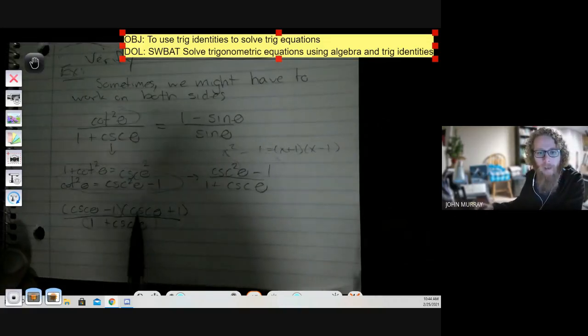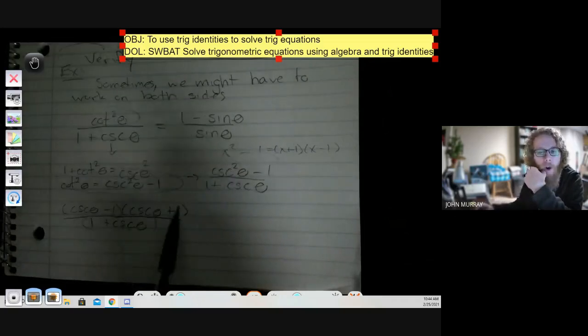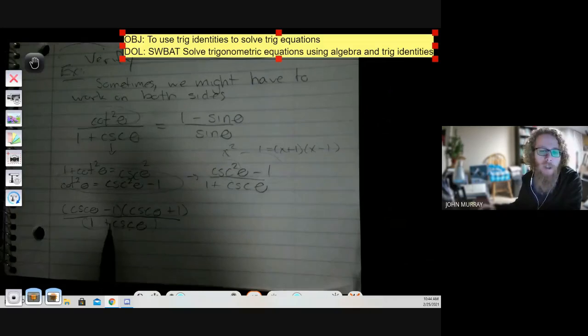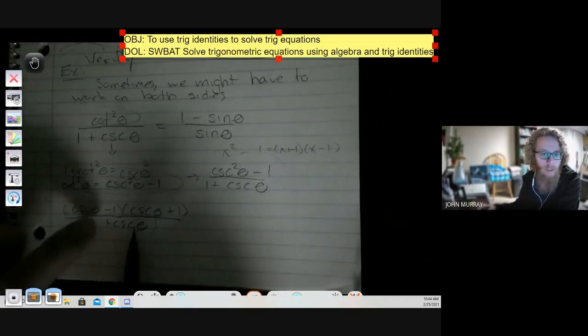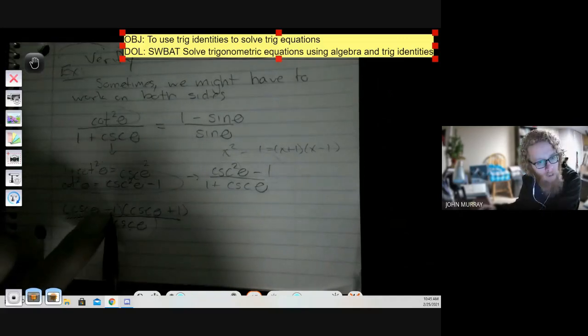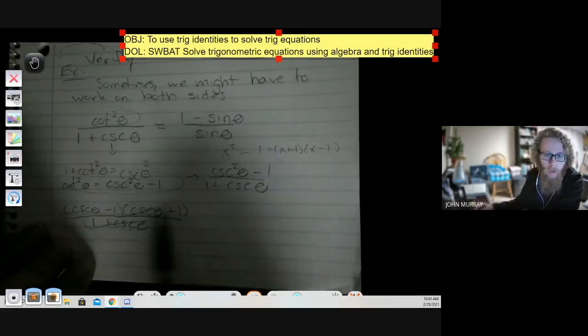With this, I have like terms in the numerator and denominator. Now be careful, they are in opposite order. But because it's addition, the order doesn't matter. I can just swap these two and say cosecant plus 1. If it was minus, then the order would matter, where the negative goes.